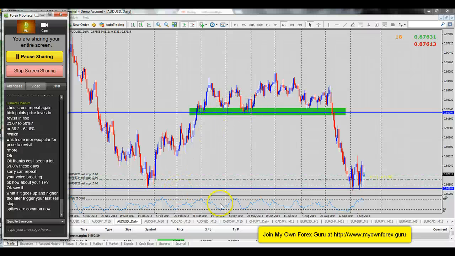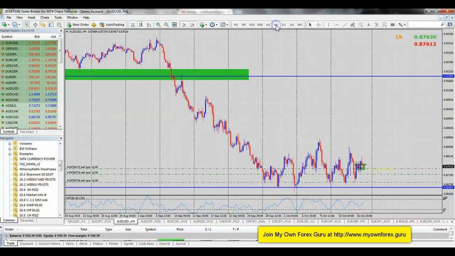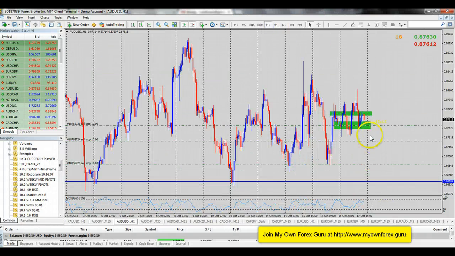So if it kicks in and then it reverses on you, so if my sales stop kicks in here and then it goes higher, well, that's what stop loss is for. Sorry, I can't give you a fancier answer than that, but you have to account for swings.